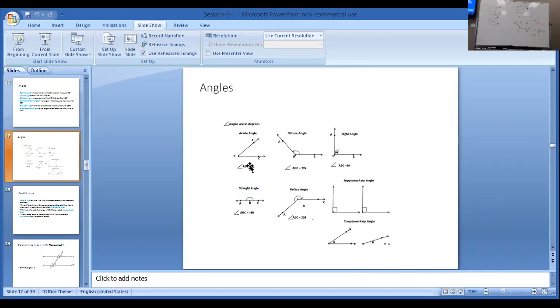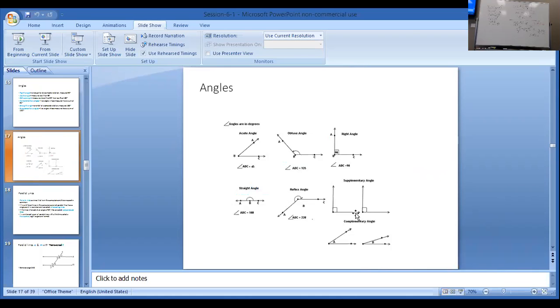So what kind of angle is this? Acute. This one? Obtuse, but not 180. This is what kind of angle? Right angle, 90. This is a straight angle, 180. If you have this kind of angle, the other side will be the reflex angle.